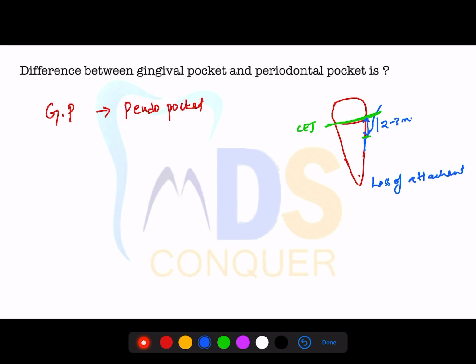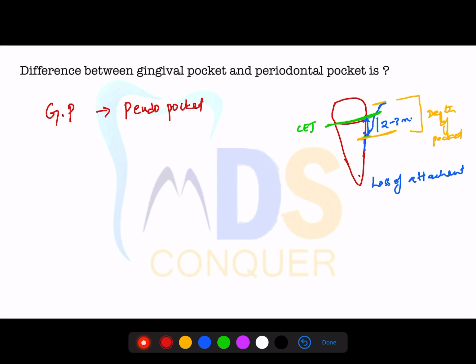Whereas the depth from the marginal gingiva to the tip of the probe is called the depth of the pocket. You have to be very clear about these two terms.